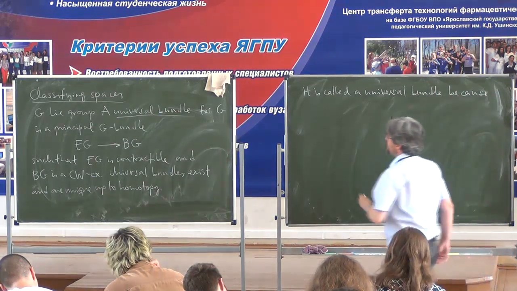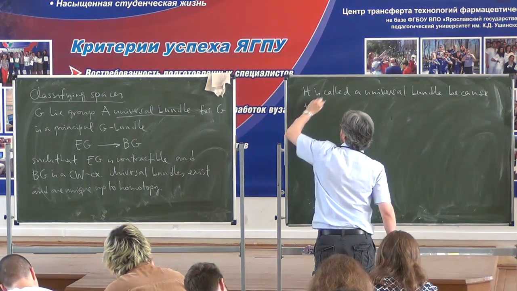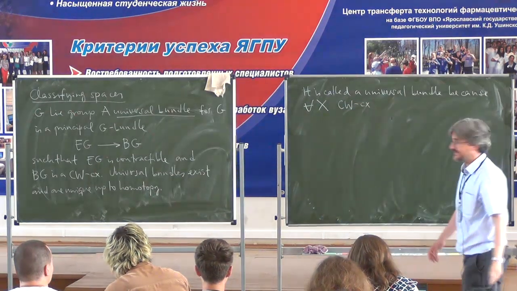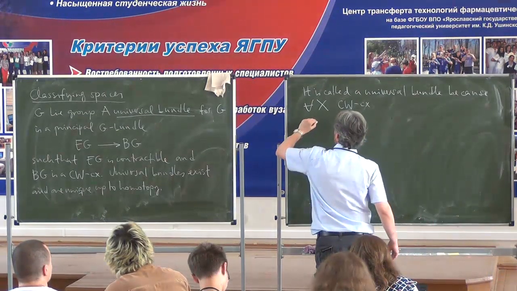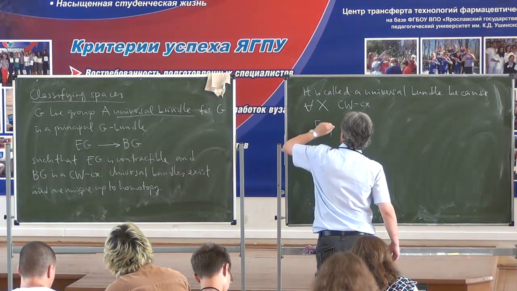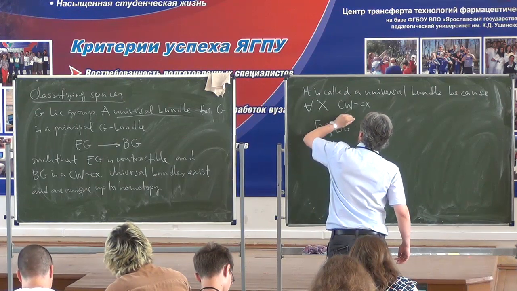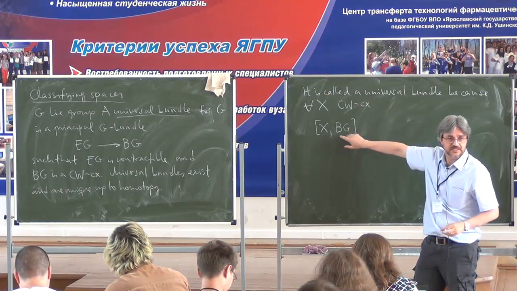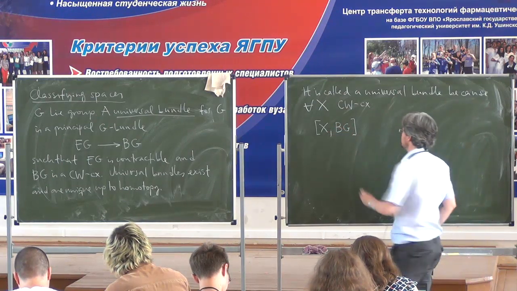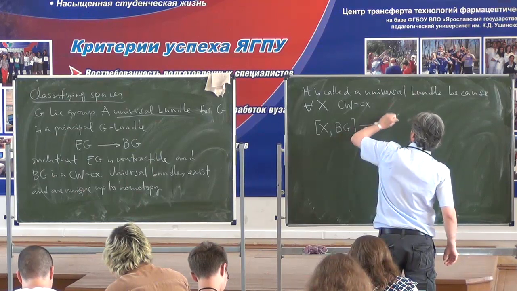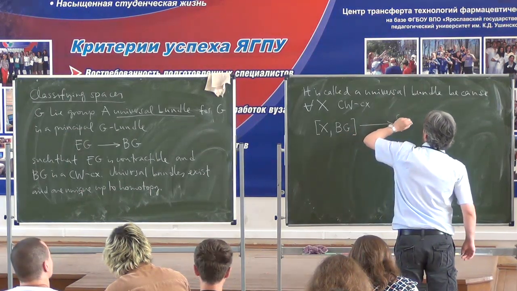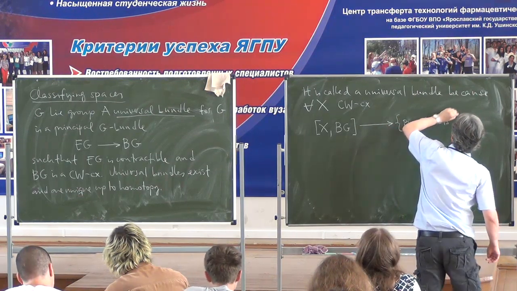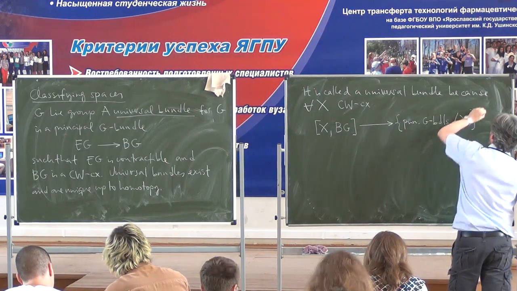Okay, so the reason it's called a universal bundle is that if you take any sub-CW complex X, you have a map from the set of homotopy classes of maps from X to BG, to the principal G bundles over X up to isomorphism.